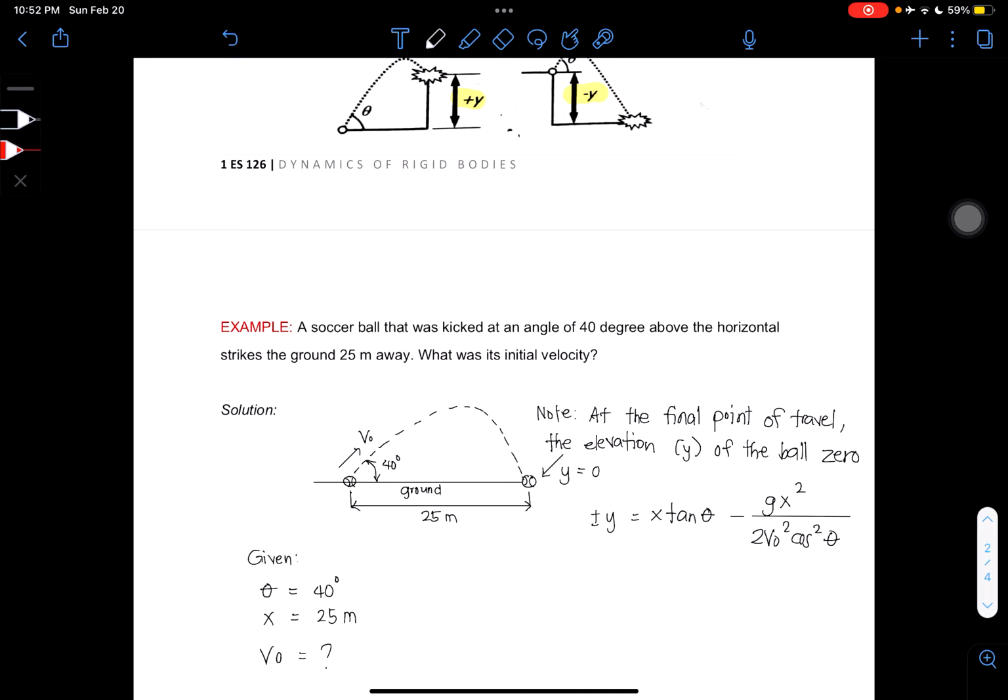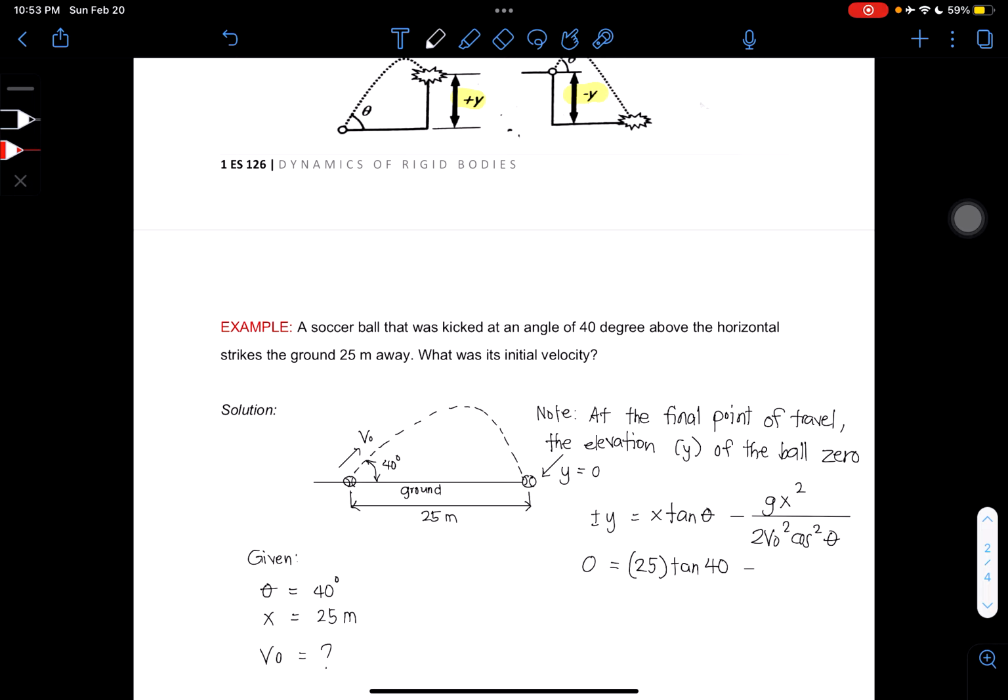So to solve this, we need to substitute first. Since our y is 0, so we have 0. Our x is 25. Tangent of our angle, 40 degrees.